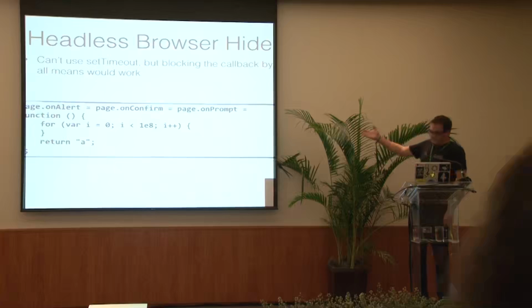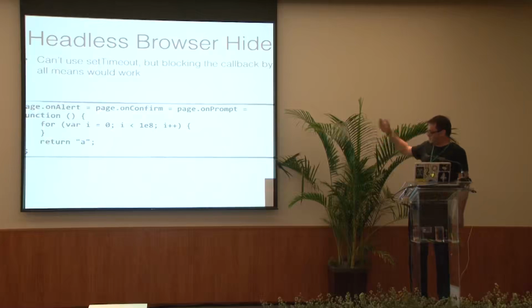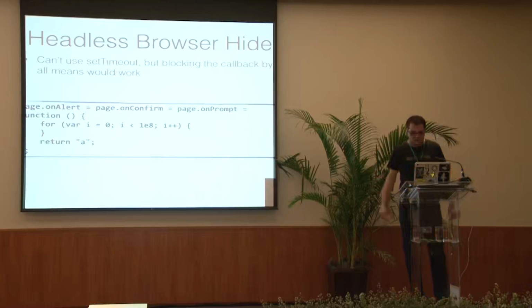An easy way to introduce some kind of delay is to put some busy loop in the handling function of Phantom.js. Putting just a dummy cycle there would work. Of course, it will block your entire thread, but it will fake some kind of real user experience.